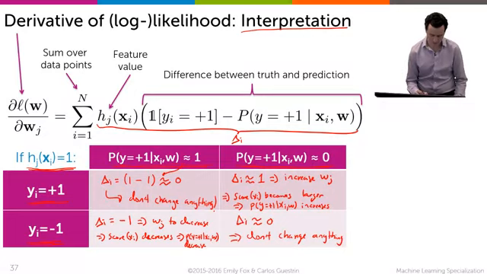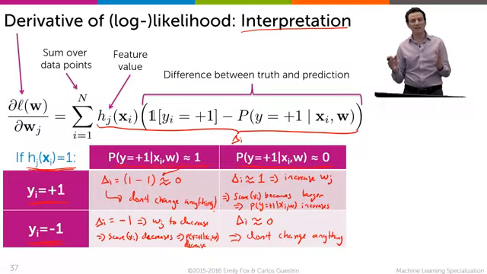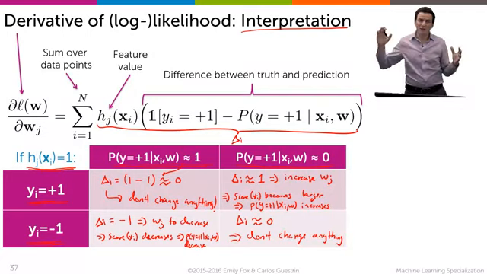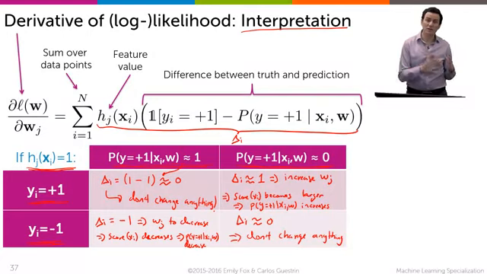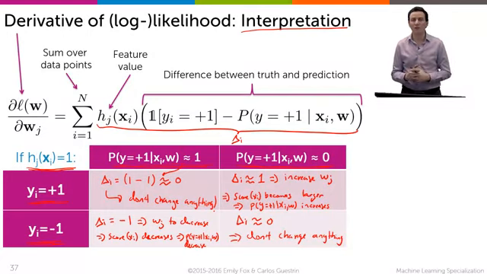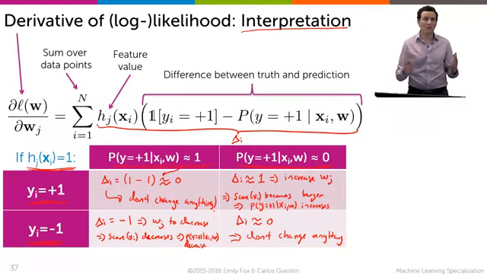Yay! If it's a negative data point and we get it wrong, we decrease the coefficient to make that probability of it being positive smaller and increase the probability of it being negative.